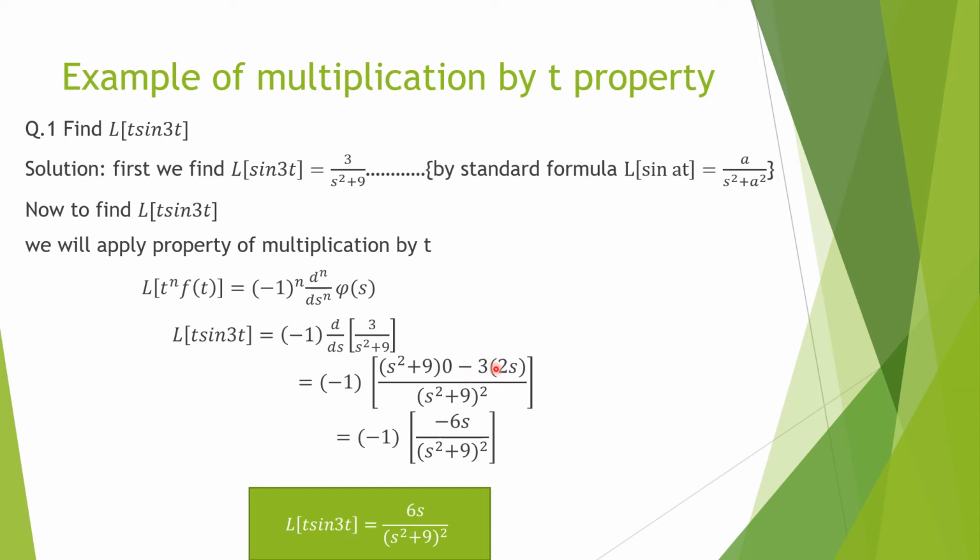Minus 3 is constant, differentiation of v, that is s square, is 2s, and differentiation of the constant 9 is 0. So it will become minus 6s divided by s square plus 9 the whole square, and with the minus sign from the formula, it will become 6s upon s square plus 9 whole square.